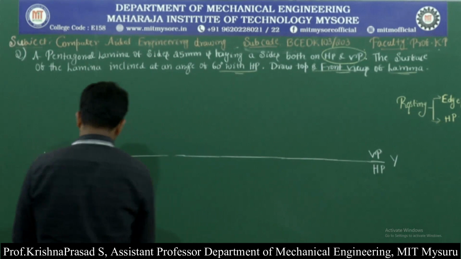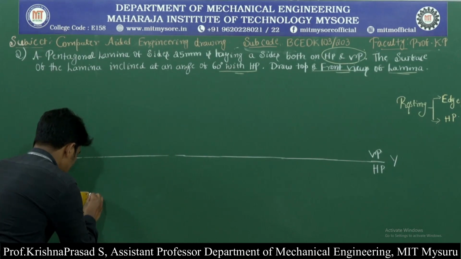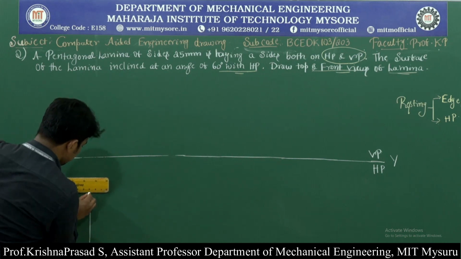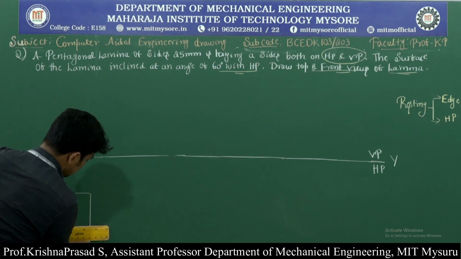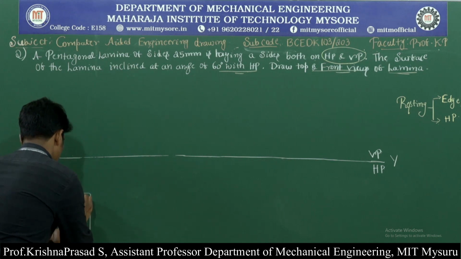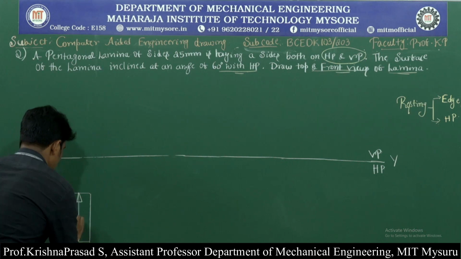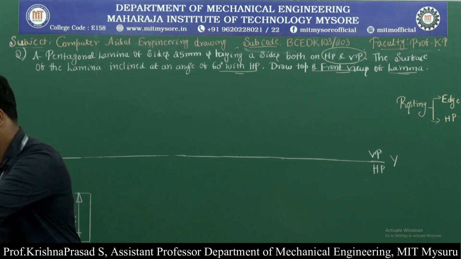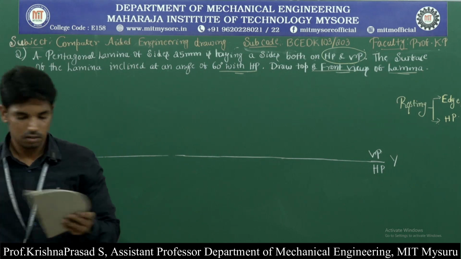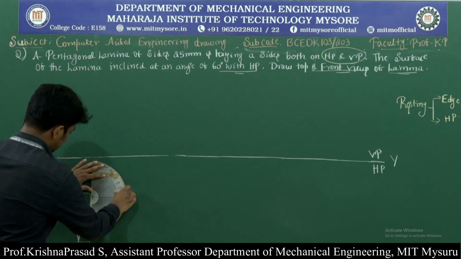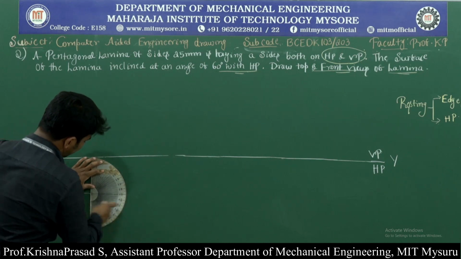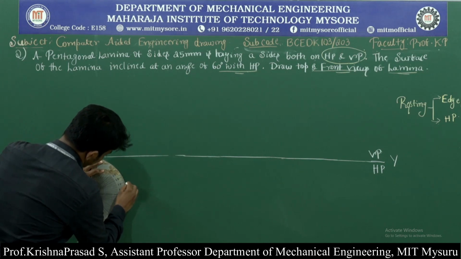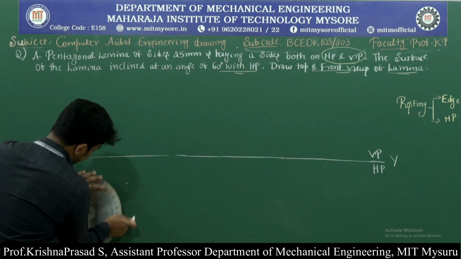For that, first take the dimension of 25 mm. Then keep the protractor at both the ends and make the angle as 108 degree.